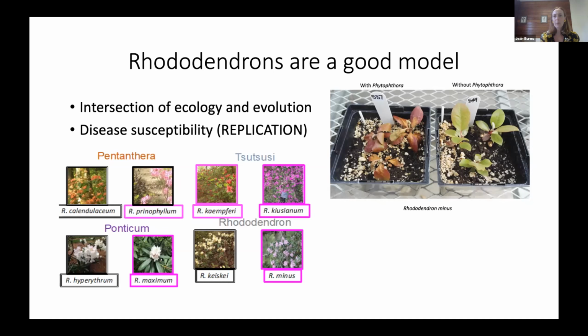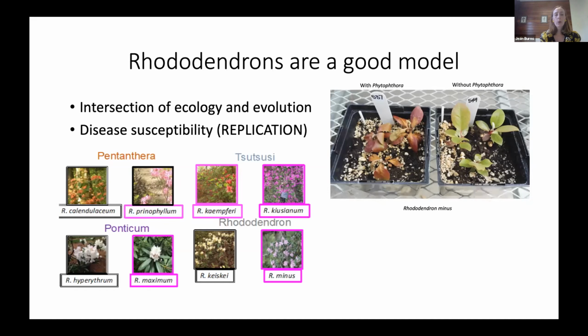So I'm going to tell you quite a bit more about this data, but just to give you a sneak peek of it now, there are 4 clades in the rhododendron that we have sampled, including the deciduous azaleas, the Tsutsusi, the ponticum, and the rhododendrons. And within each of those groups, there is variation in disease susceptibility to this pathogen.